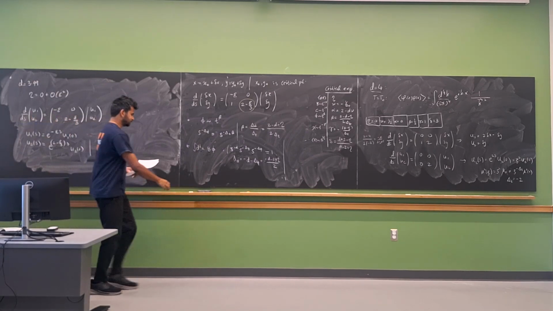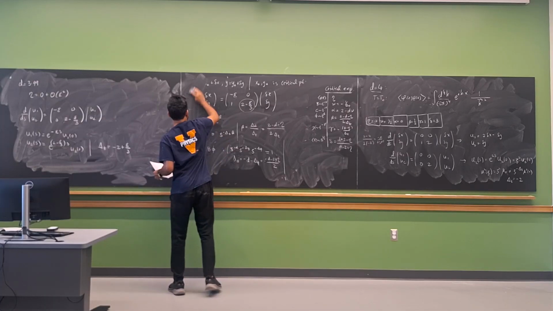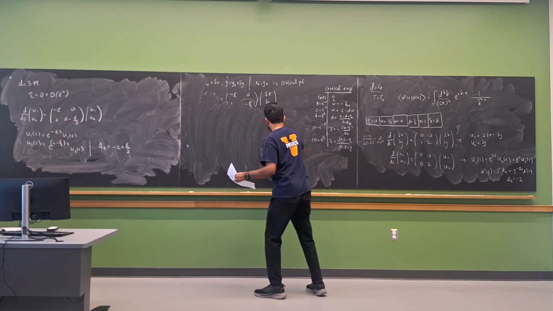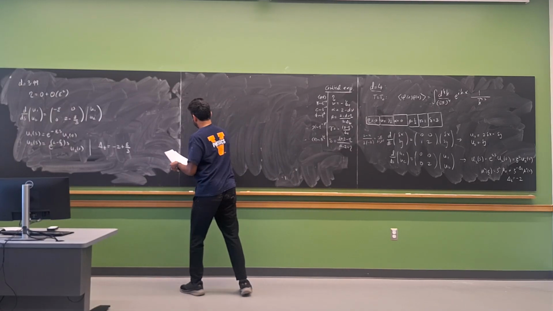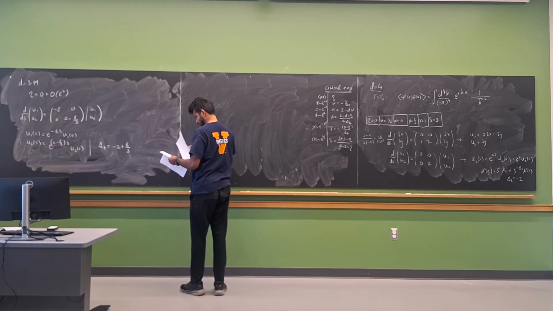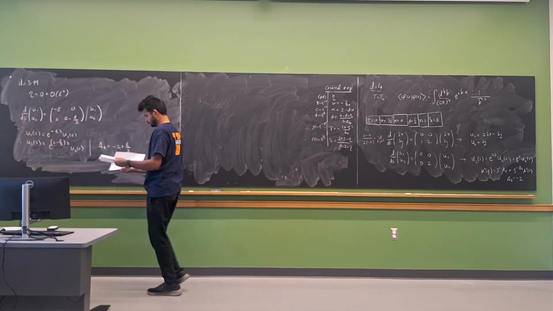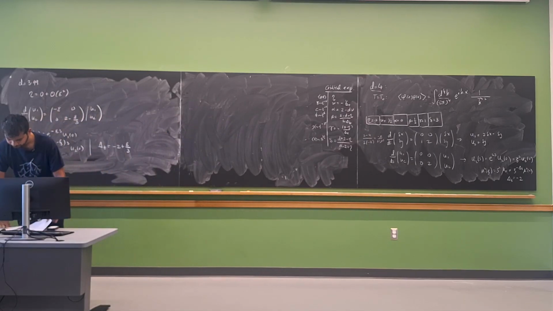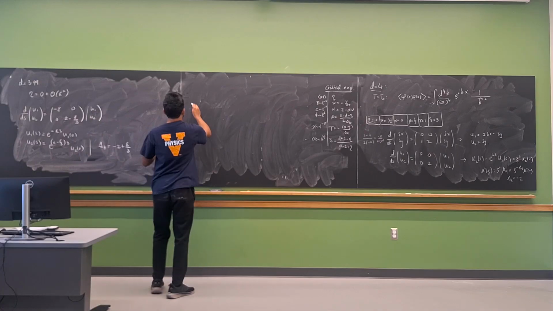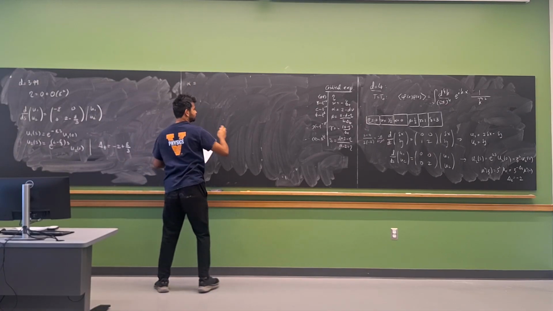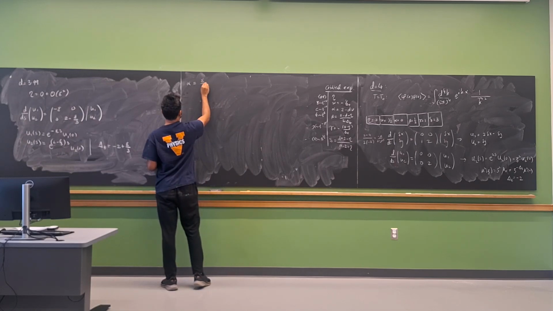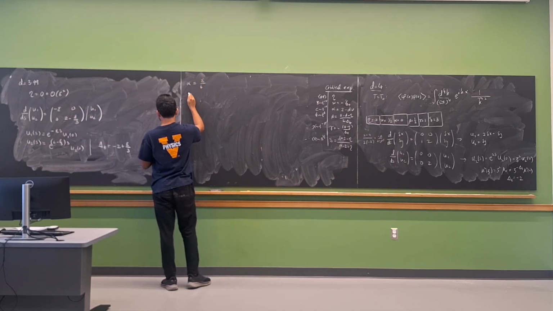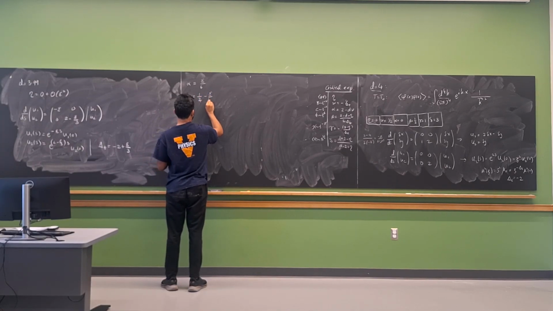Now let's plug and chug. I'm going to just write down the answers. So we have alpha equal to epsilon by 6, beta equal to half minus epsilon by 6.